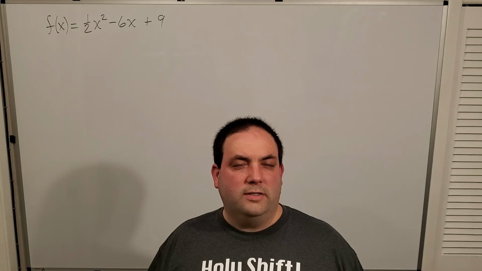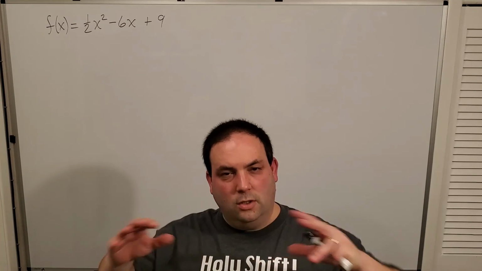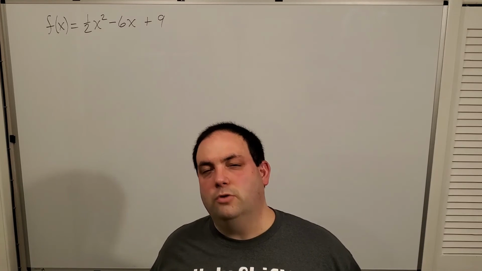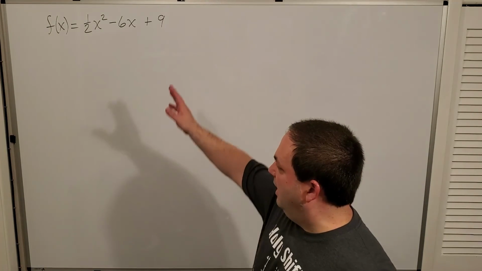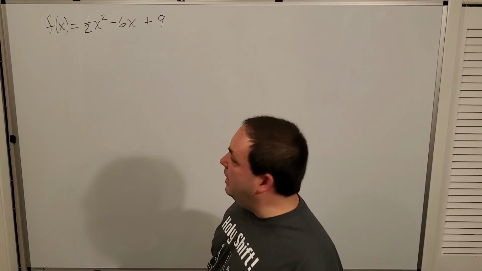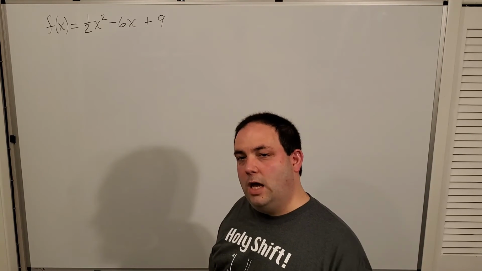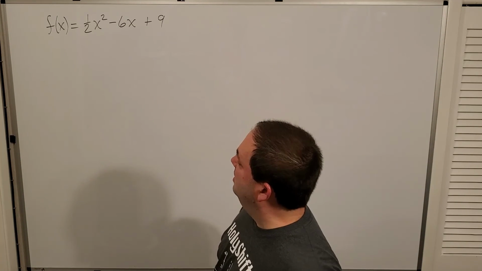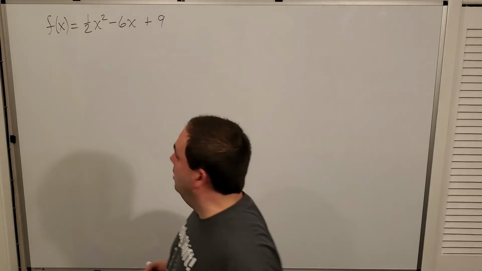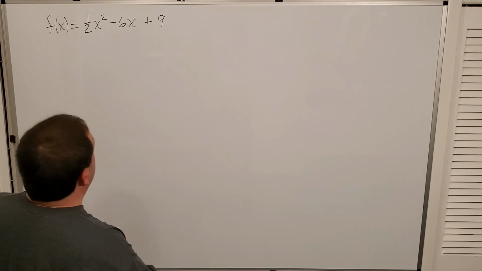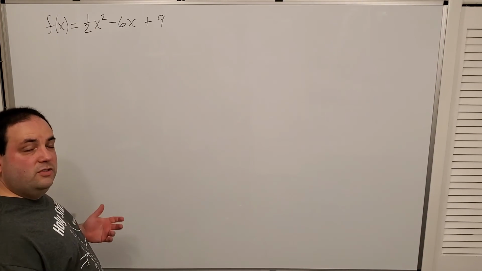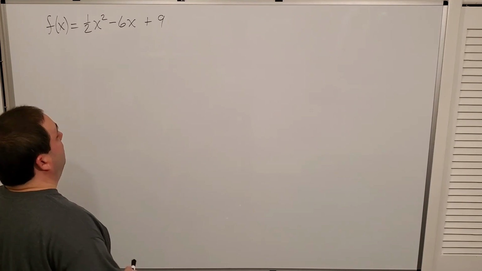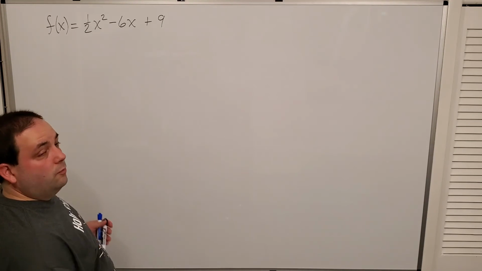Let's get one more example of doing the whole analysis on a quadratic function. F of x equals 1/2 x squared minus 6x plus 9. Alrighty, so from here, like before, I'm going to find the vertex first and write down which direction it's opening.